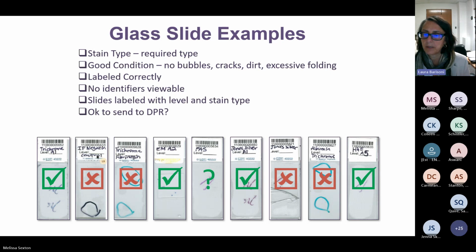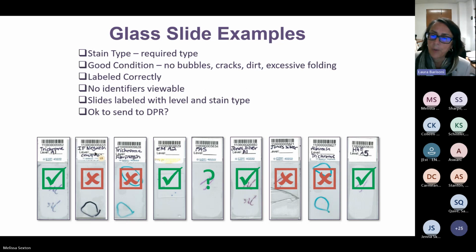Look at 2 and 3. First of all, there are multiple things that are wrong. Number one, you cannot see the tissue. When you see this pen mark around it, it means that this is an immunofluorescence section.